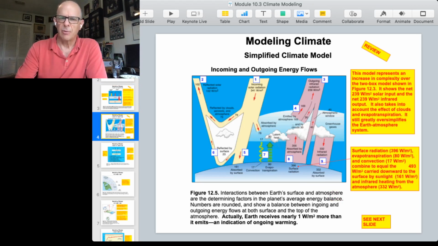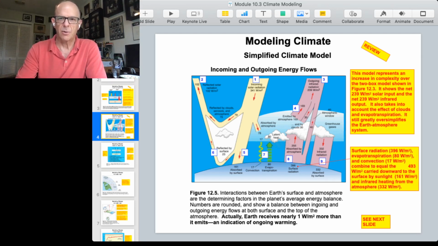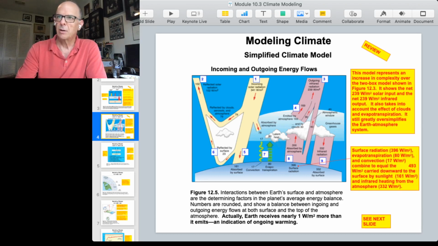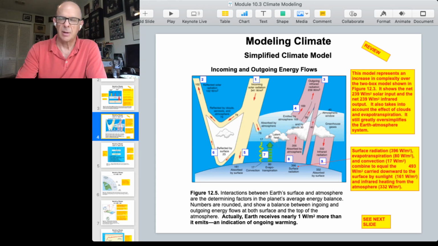This figure, which we've also seen several versions of over the course of the semester, is a more detailed rendering of that simple model, where we've got energy flows into and out of the surface and into and out of the atmosphere, and ultimately the Earth is striving to reach an energy balance where the total amount of energy coming in, represented by number 1, the incoming solar radiation in that big yellow arrow in the middle, is balanced by the total amount of energy going out, which is 2 plus 3, the outgoing infrared radiation and the reflected solar radiation.